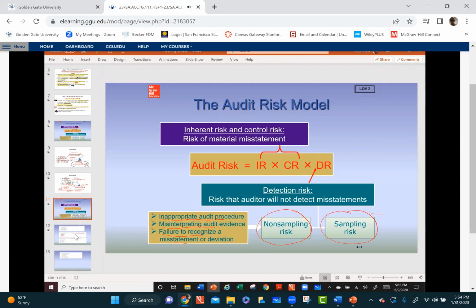The other part of our detection risk is not related to sampling. We call it non-sampling risk. This comes up because we're not perfect. We're human. We could make a mistake when we apply the audit procedure. We're going to talk about fraud here a little bit. There's a situation where management is intentionally concealing misstatements from us.